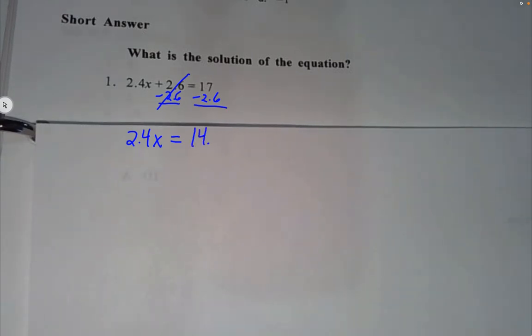Then what do I do? Divide by 2.4. And I get 6. Are we good with that one? Yeah? Okay. The only difference there was it had decimals. Same exact process. Over and over and over again.